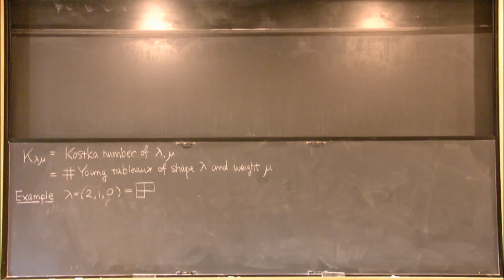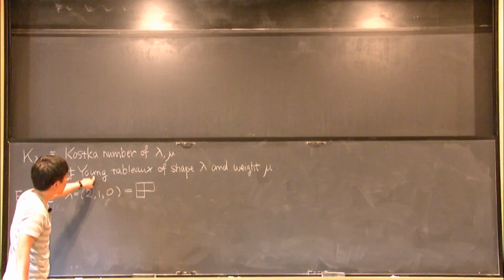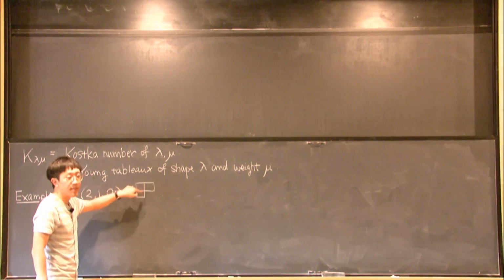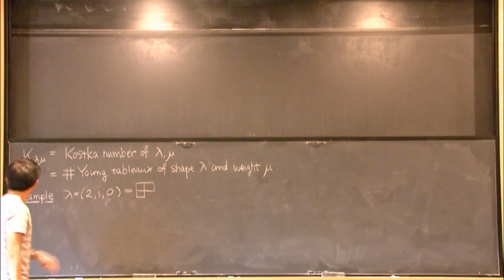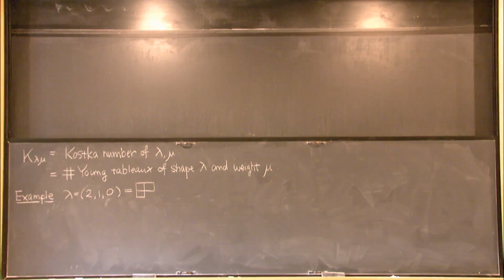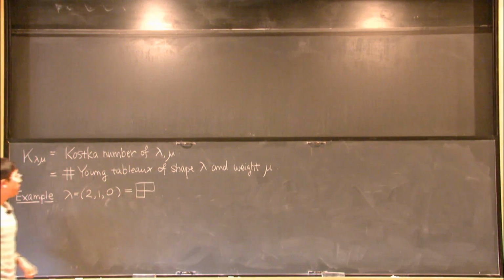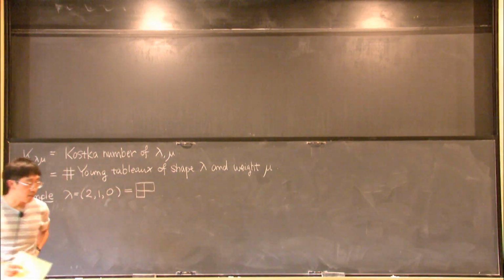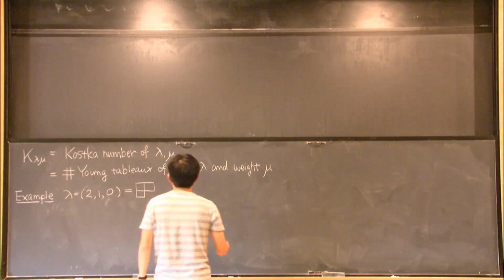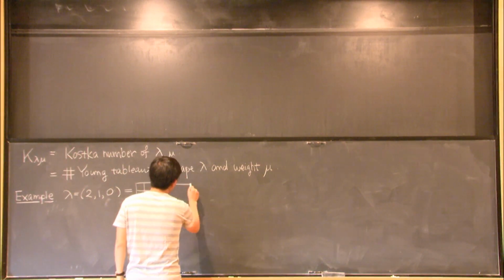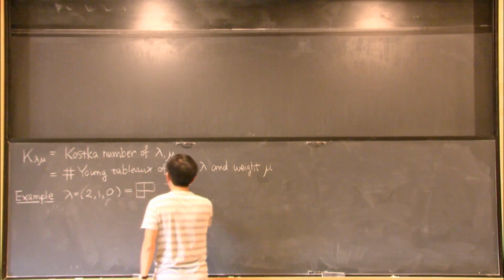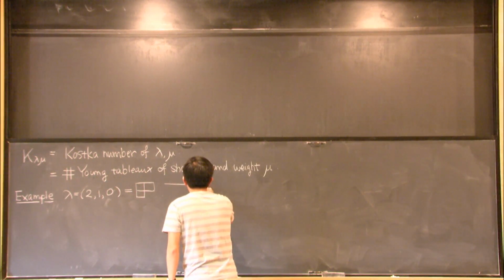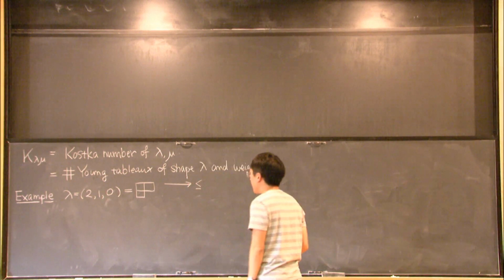And a Young tableau is a filling of the boxes with numbers from 1 to n. But you don't want to put numbers in an arbitrary way, but under the rule that the sequence you get by reading the numbers along every row is weakly increasing.